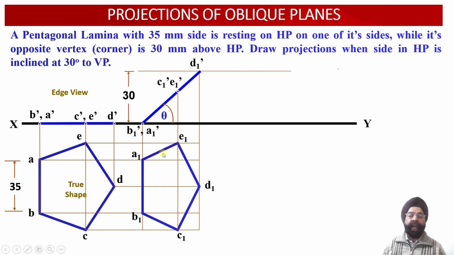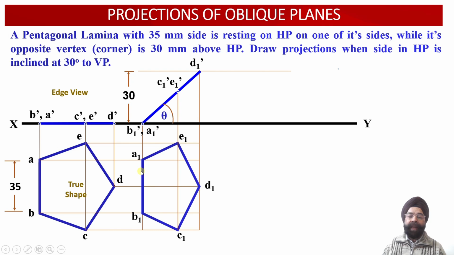Now once we look at this particular top view projection, we will find that the shape of the pentagonal lamina will be the apparent shape projection, in which B1 C1 is the apparent length, C1 D1 is the apparent length, D1 E1 is the apparent length, E1 A1 is the apparent length.